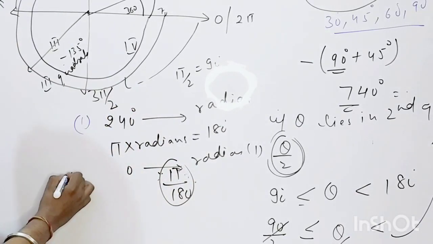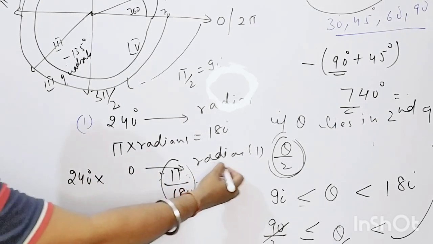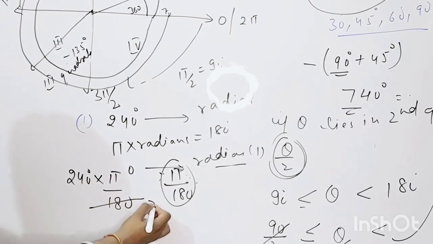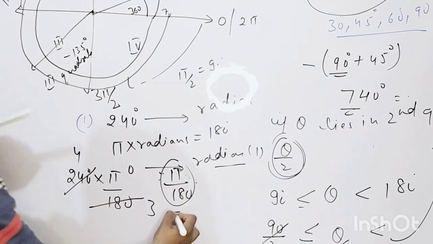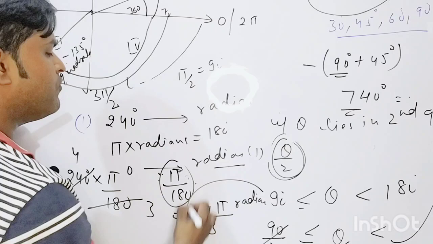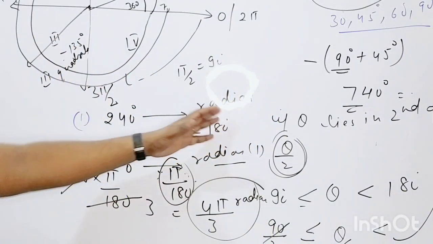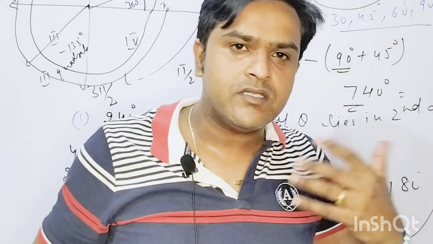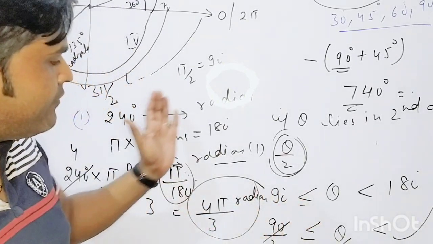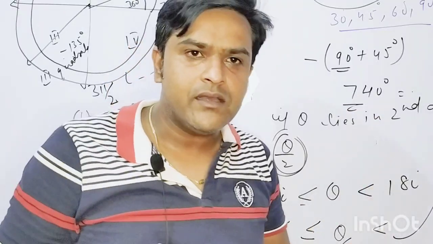So 240 degree times pi by 180, and we can simplify it: 60 threes are 180, 60 fours are 240, so this becomes 4 by 3 pi radian. And if we want to reverse it, from radian to degree, we just reverse the process. As we multiplied by pi by 180, now we will multiply by 180 by pi.